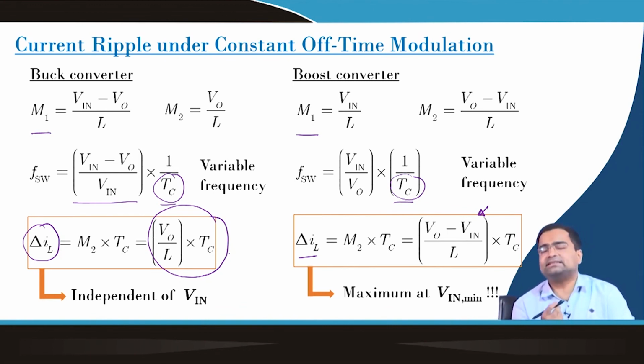So, the power stage design needs to be carefully considered, keeping in mind which modulation technique you are going to use. It is not that the conventional technique we use in PWM is equally applicable for constant on time or off time. You have to separately consider what is the worst case for constant on time, what is the worst case for constant off time, and what is the worst case of PWM.